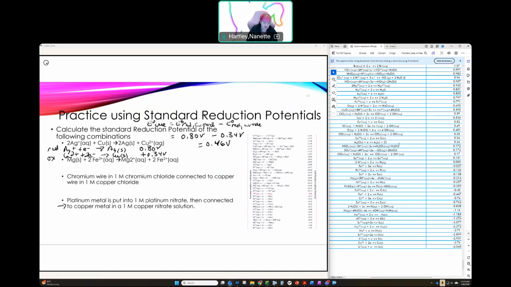So if this is something that you run into, you can do one of two things. One, I have no value for Pt. So I can't calculate. And actually, I have no idea which is the reduction, which is the oxidation. So I can't calculate that. The other thing I could say is that Pt is an inert electrode, no reaction.